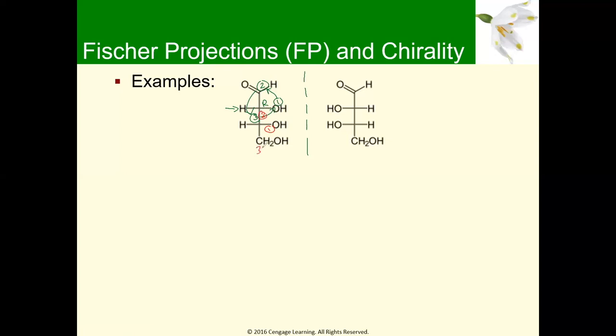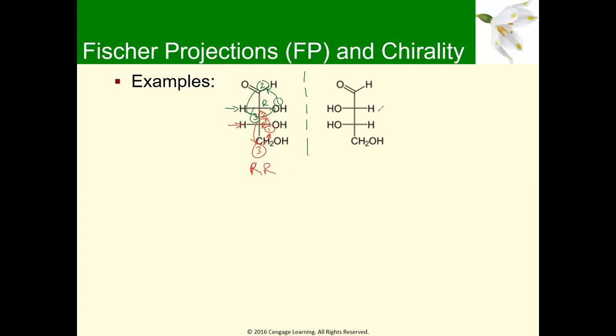And then, of course, the rest of it, this down here, gets the third priority. So once again, we go from 1 to 2, 2 to 3, 3 back to 1. So it's counterclockwise, but once again, the hydrogen's coming out at us, so I pick the opposite. I was going to say S, but now I'm going to say R. So this one is RR.